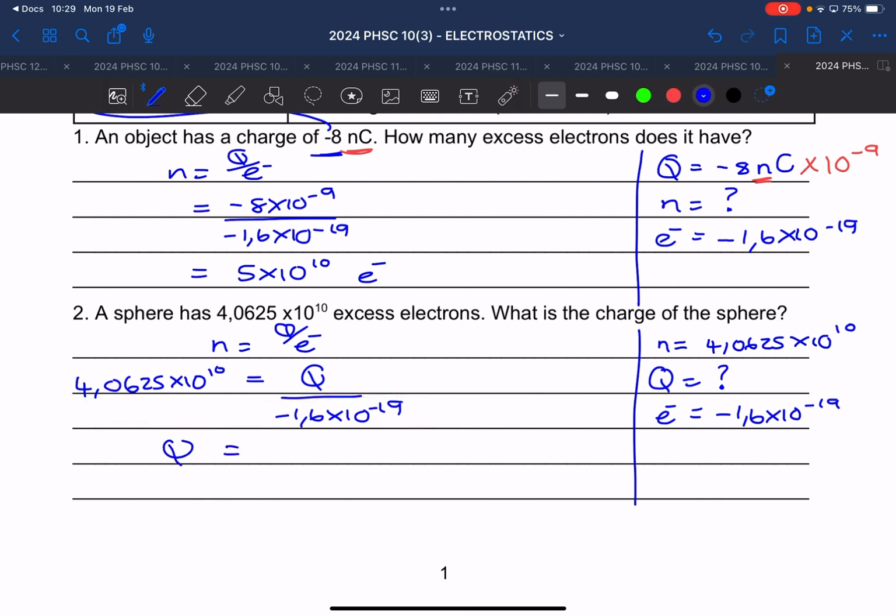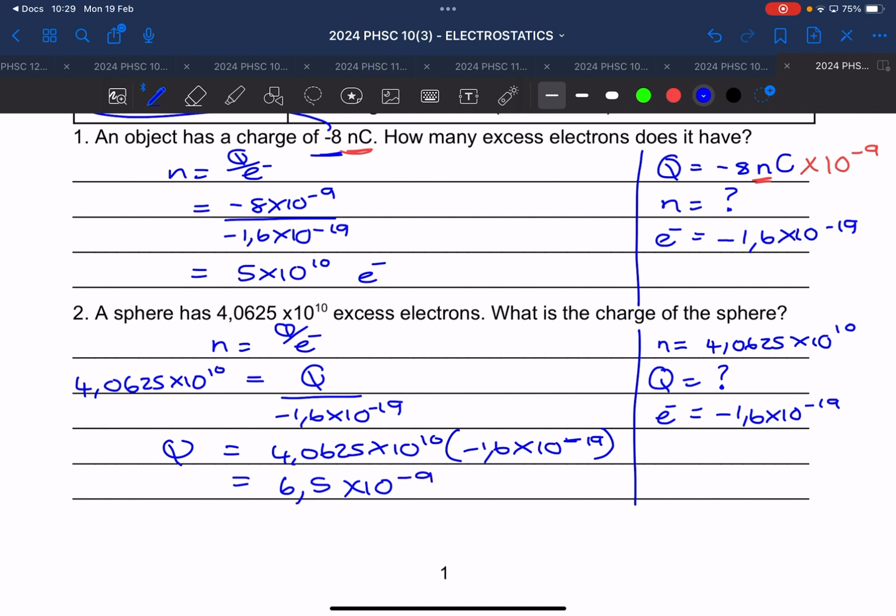So you're going to type in 4,0625 times 10 to the power 10 times 1.6 times 10 to the power of -19.